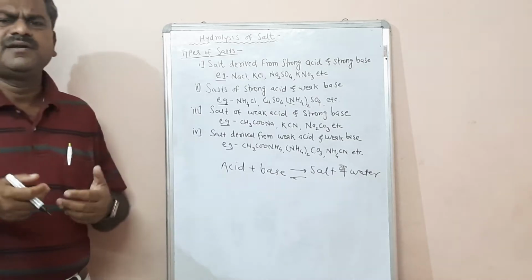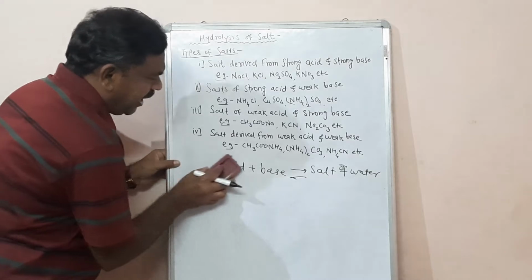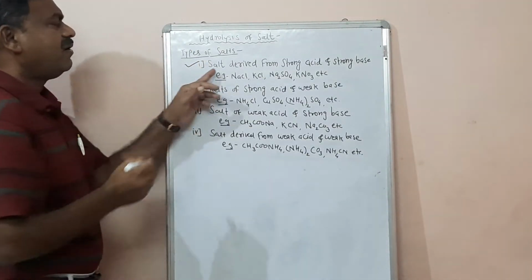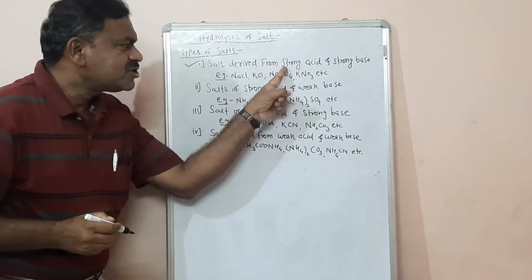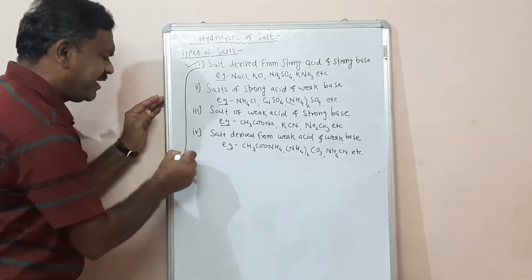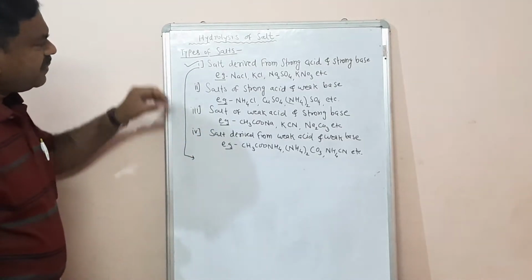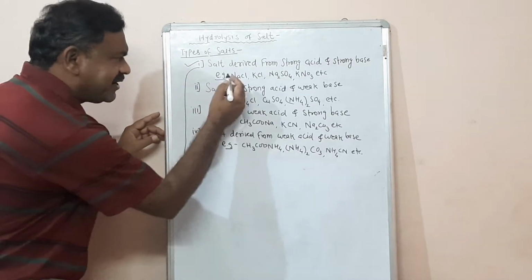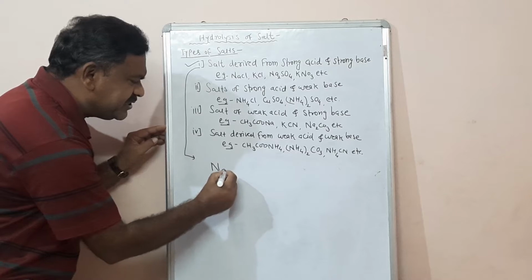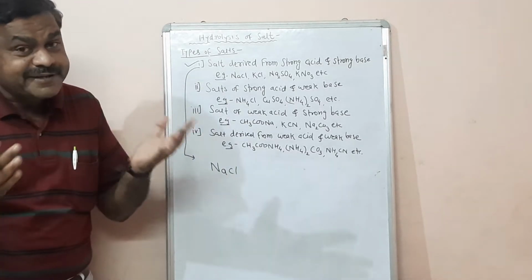First, we explain one by one. Now see here the hydrolysis of the first one, salt of strong acid and strong base. We know that this is the salt. Suppose let us consider sodium chloride as the salt. It hydrolyzes.